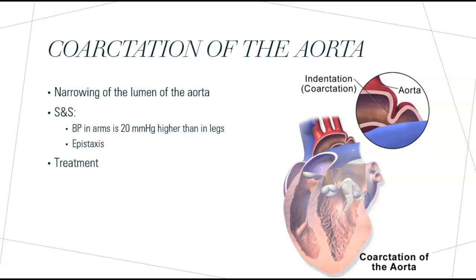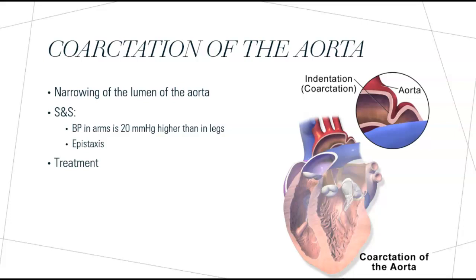Signs and symptoms are going to be blood pressure in the arms 20 millimeters mercury higher than in the legs, because of increased pressure proximal to the defect, so closer to the defect, the head and upper extremities, there's going to be more pressure, whereas it's going to be decreased pressure distal to the defect, so in the body and lower extremities.